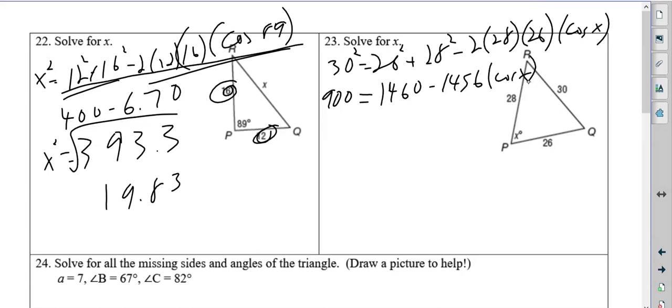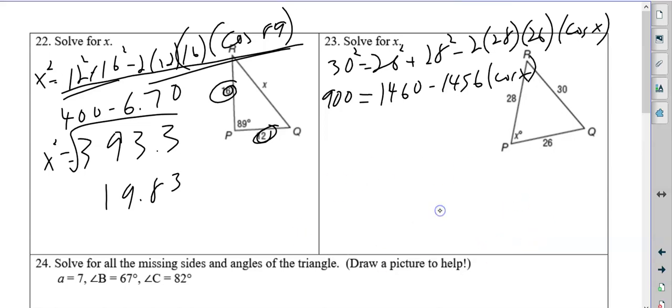This is really no different than if I told you 10 equals 5 minus 3x. Okay? First thing we would do is get rid of the 5 and then divide by -3. Okay?